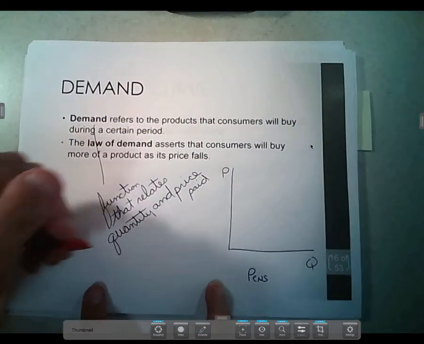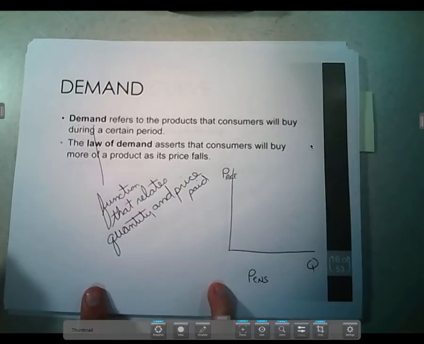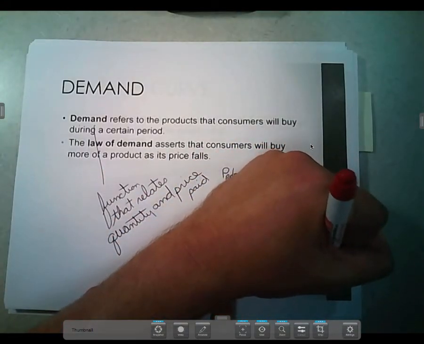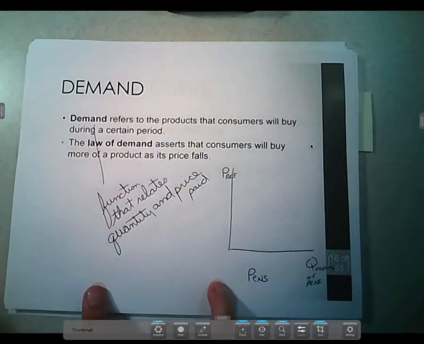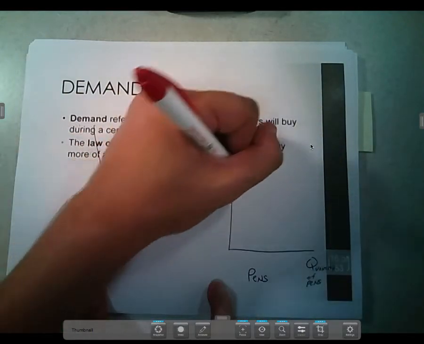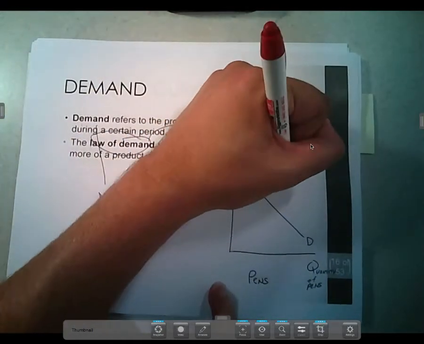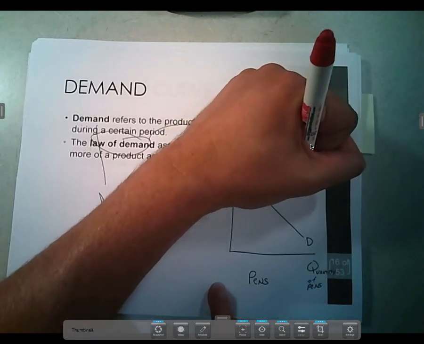In my pens market, where I have the price on the y-axis and the quantity of pens on the x-axis, what the law of demand says is that this is a downward sloping demand curve. Demand curves are downward sloping.